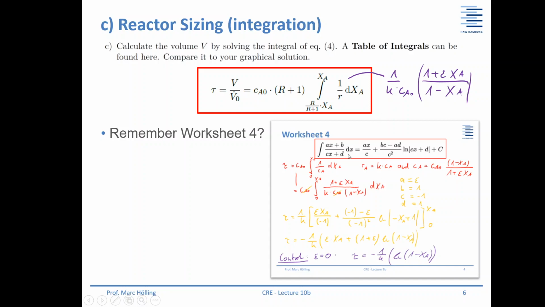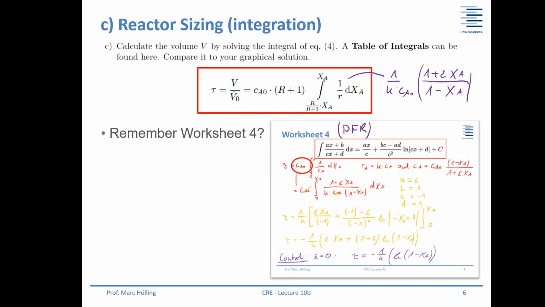We looked it up in the table of integrals, and there you had a quite similar expression, but if you compare it, our tau for this was the reaction for the PFR.